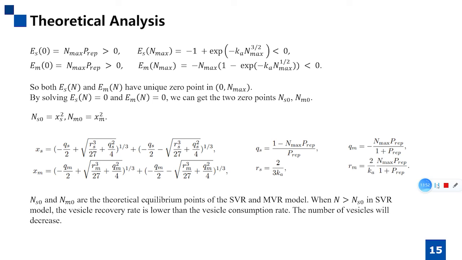When n is larger than Ns0 or Nm0, the model has a larger vesicle consumption rate than recovery rate. Although it is a theoretical state, it has reference significance for analyzing the change rate of vesicles.